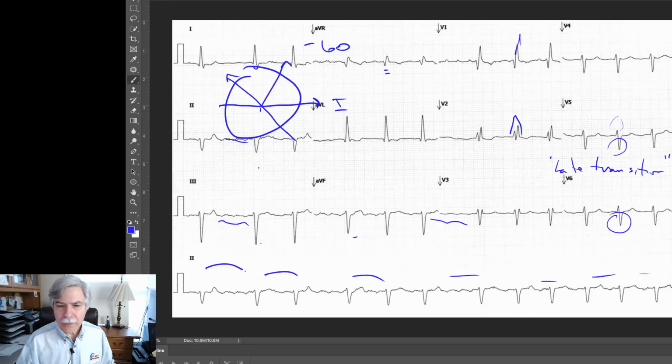So the question is, when you have a patient referred to you by the internal medicine doctor, and they say the patient has atrial fibrillation, don't just take it at face value. Always look, because I see internists and even cardiologists sometimes misread an ECG. So you always want to take a closer look at what is actually going on.